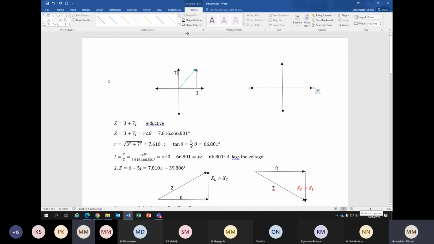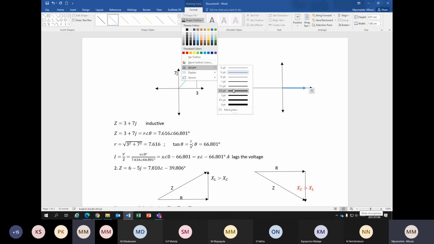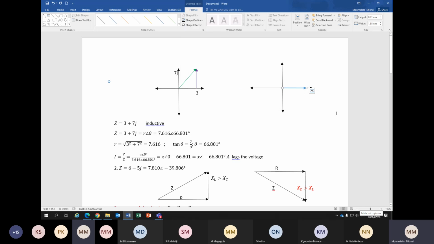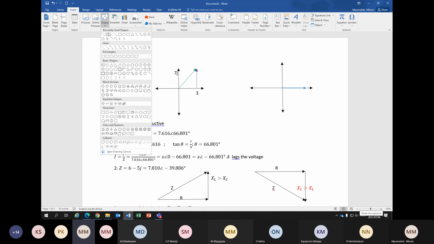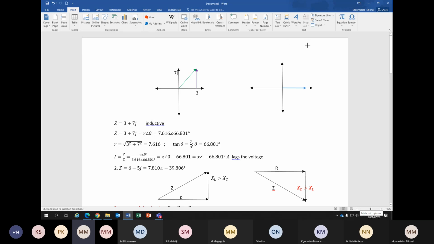Let's say our voltage is 220 at an angle of 0, meaning it will be here. This is our voltage at an angle of 0 degrees. Then our current is at negative 66. Let's say negative 66 is somewhere here.